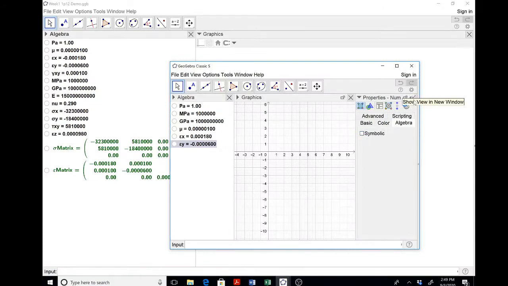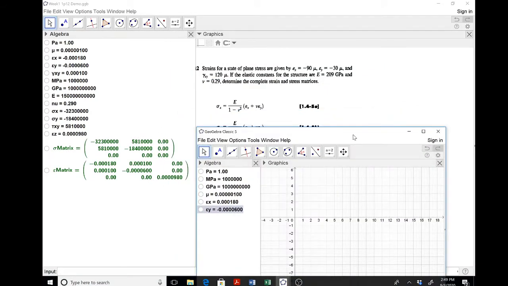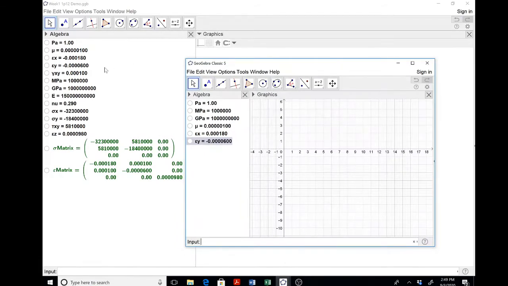I think it's kind of sweet. And then I close the window. And then we had one more in our problem. Gamma was 120 microstrain. I just made it 100 microstrain here. So gamma is shear. Gamma xy is 100 microstrain.